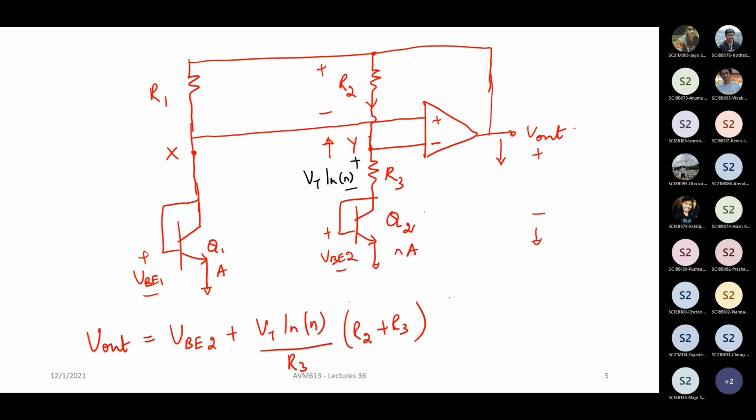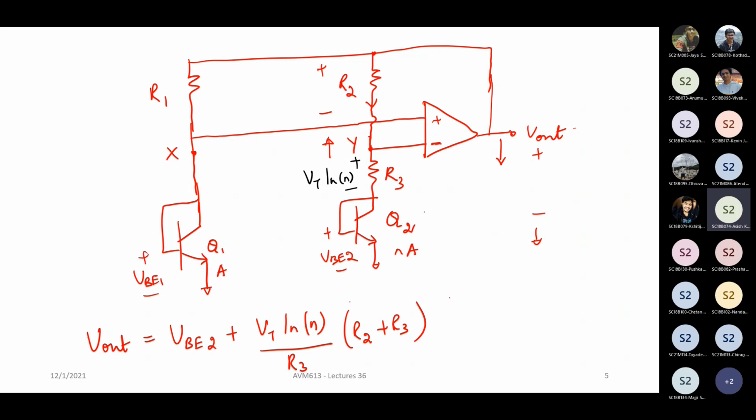Because we want the sum of this voltage across R3 and the VBE2 to be constant, right? So in order to reduce this voltage, it needs to go down. Therefore, this will be your inverting terminal and the other one will be your non-inverting terminal.